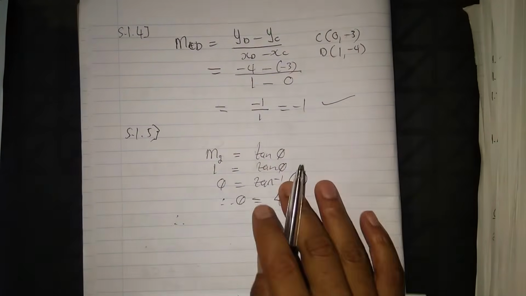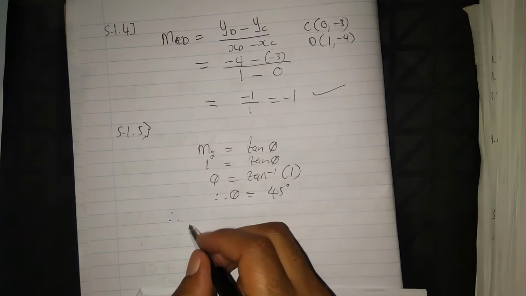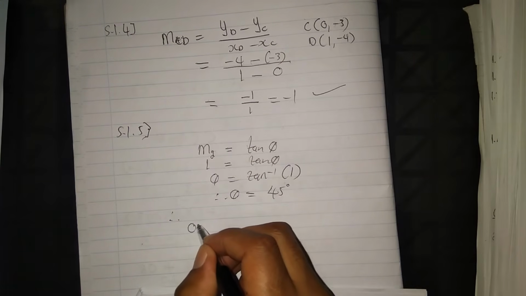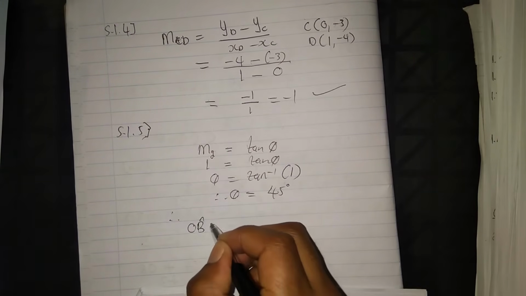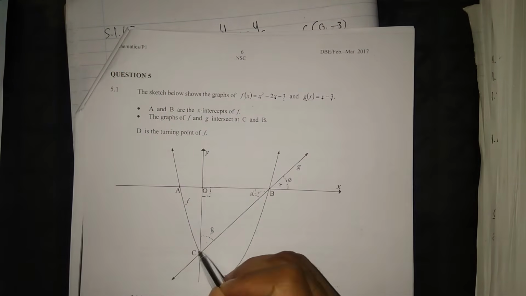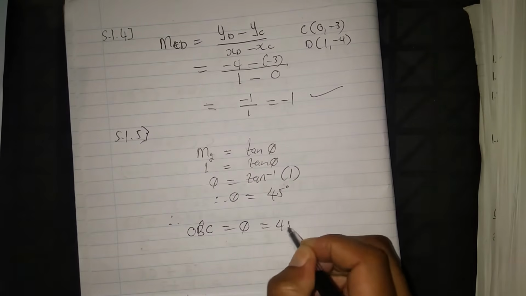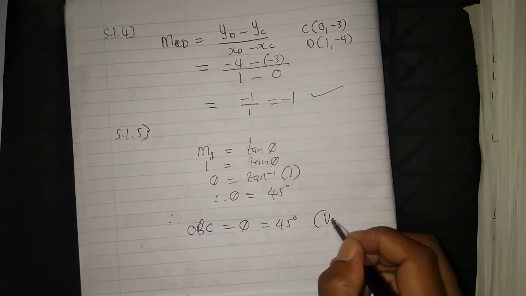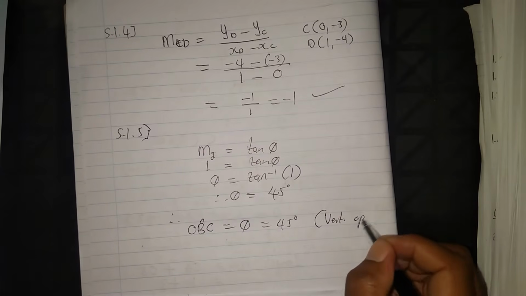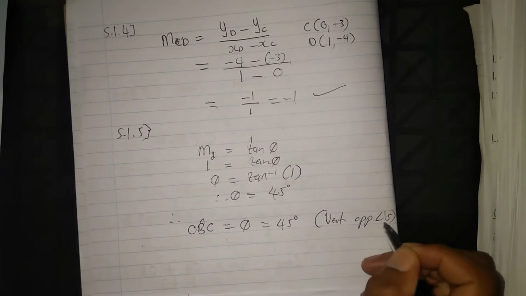So angle OBC is equal to theta, which is equal to 45 degrees. Why? Because they are vertically opposite angles.